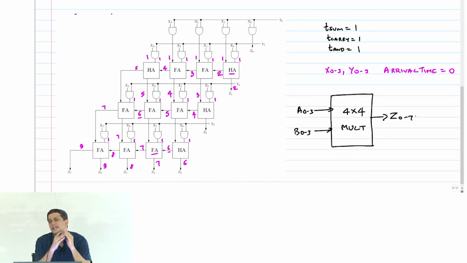Pick the output which has the maximum arrival time. Which one is that? Z6 or Z7. So I will track this in this. Now, which input has arrived last there? This guy. Now which input has arrived last?